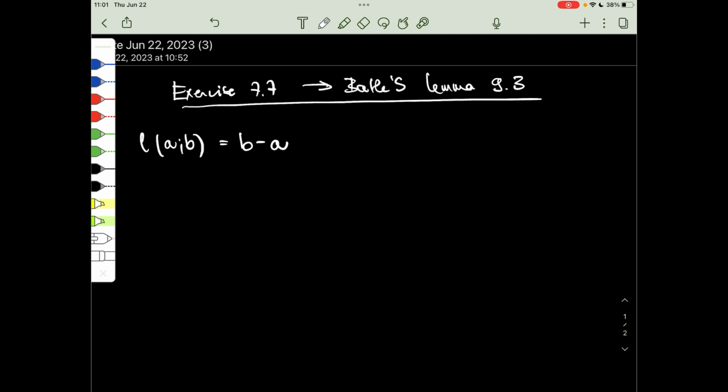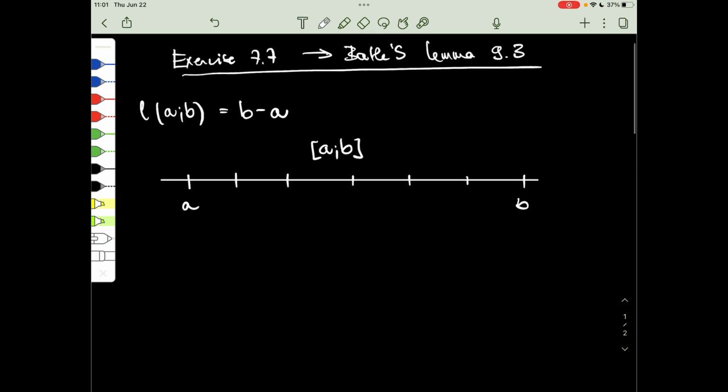The idea underlying the proof that length is a measure is very simple. We have the real line, and we have a closed interval in this form, and we divide this interval into a series of disjoint intervals in this form.